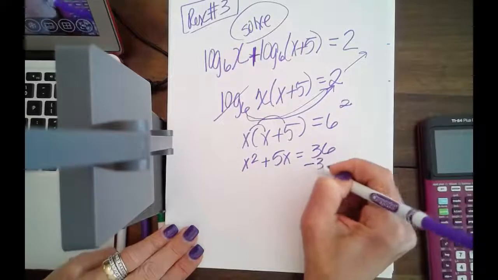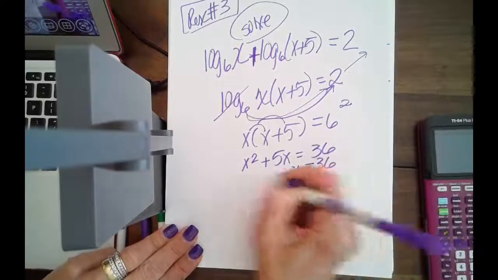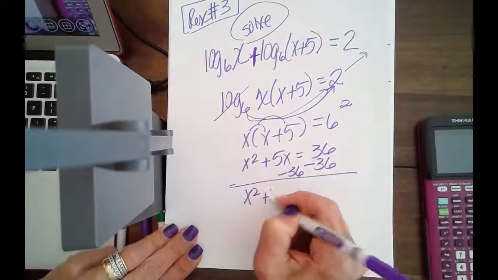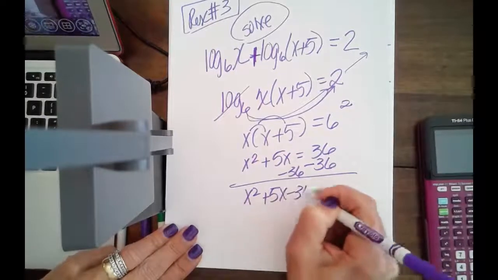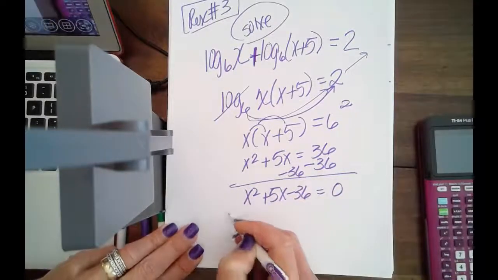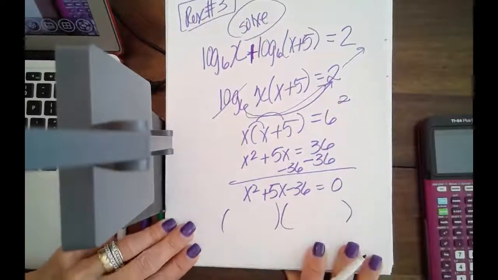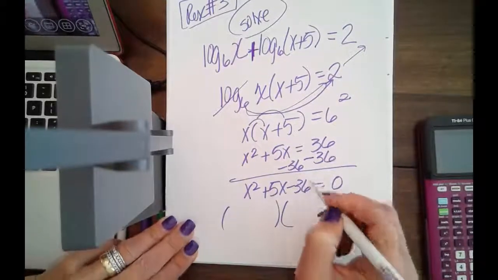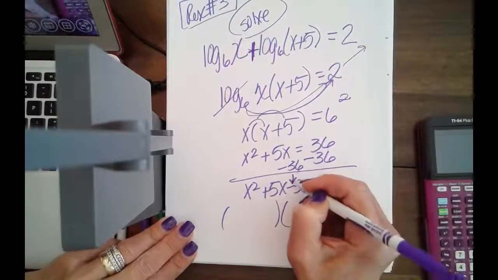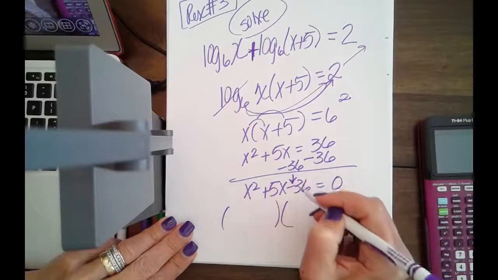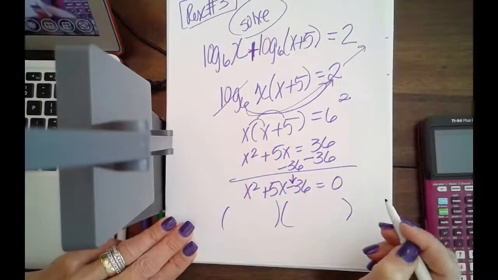Subtract 36, so x squared plus 5x minus 36 equals 0. We're going to factor this. Super easy. I need two factors of 36 that differ by 5. Well, that's clearly going to be 9.